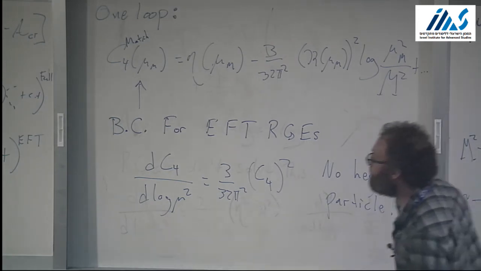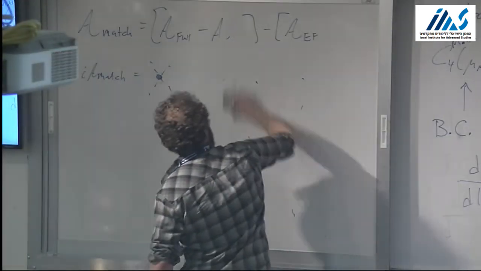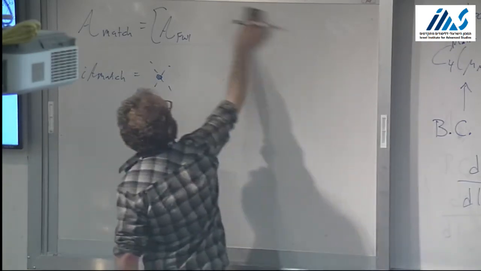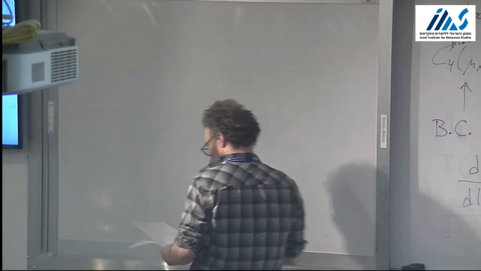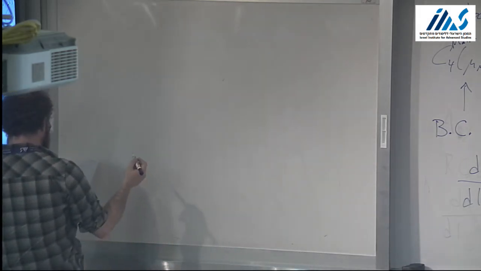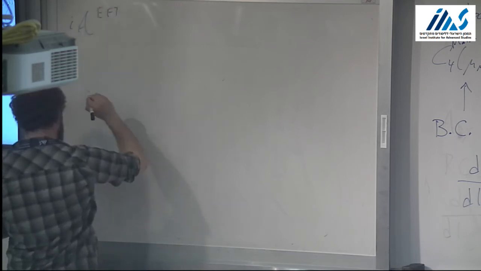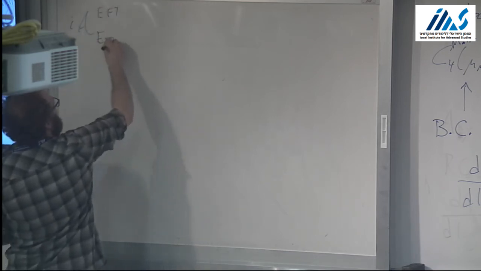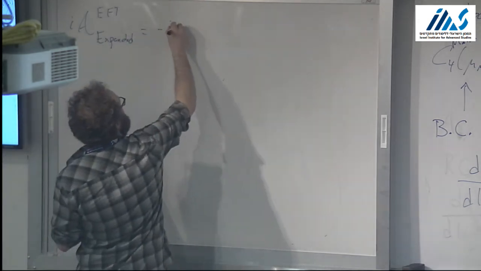So now, all right, let me write. I'm skipping a couple of steps because this is exactly what I did yesterday with the expanded out thing. So let me write this.